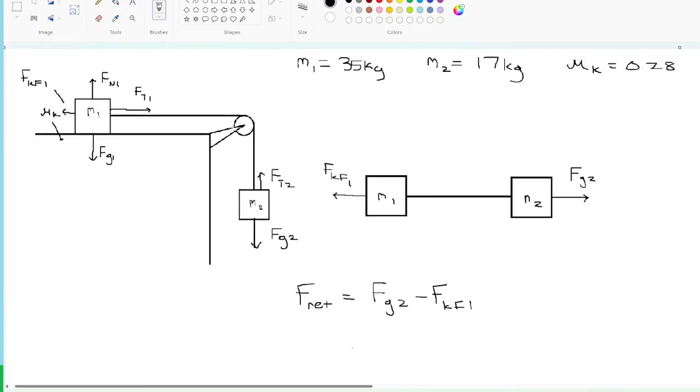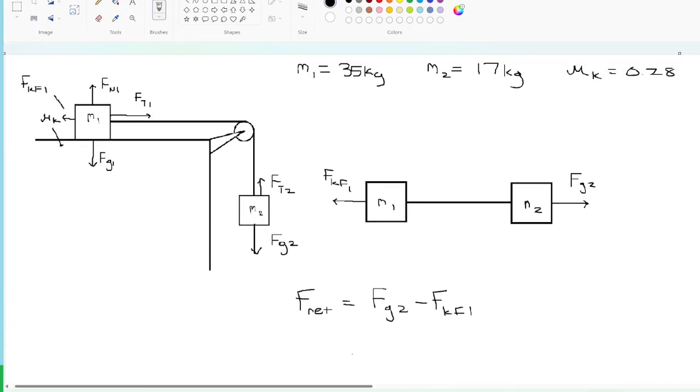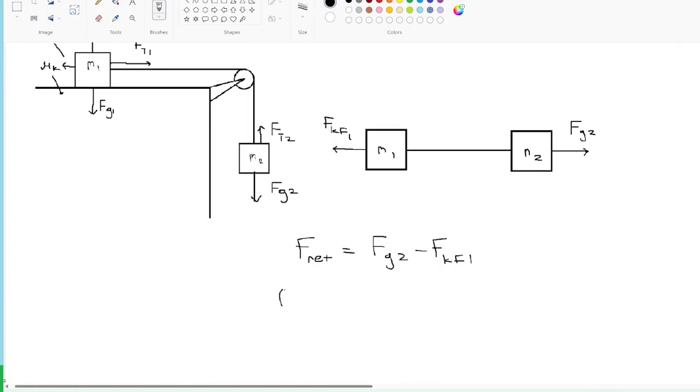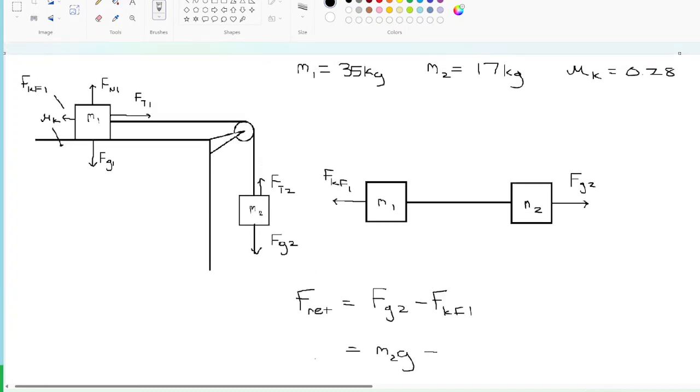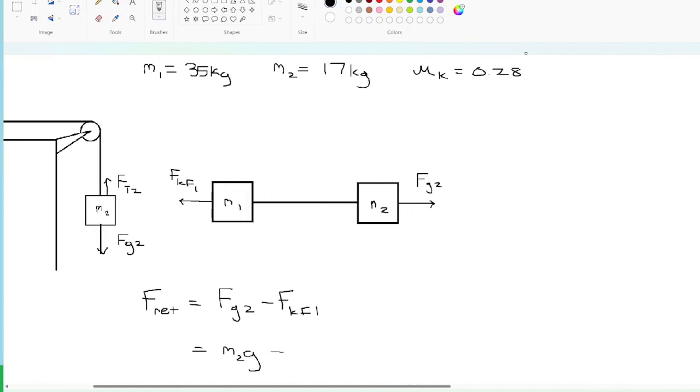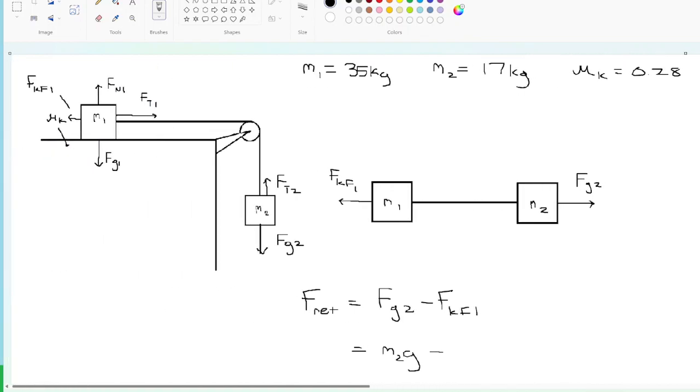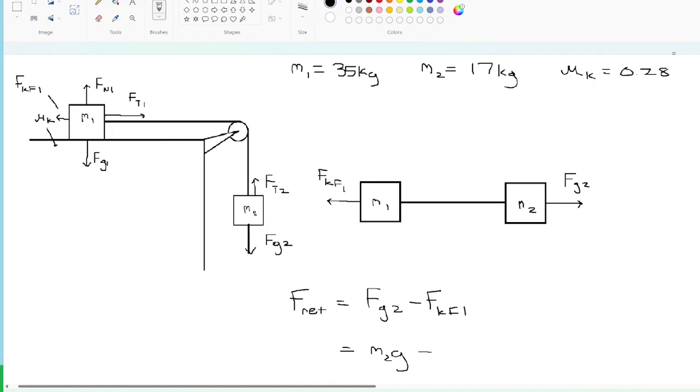So let's find F net. In this case, F net is going to be equal to mass 2 times gravity minus Fk1. Now this is where it gets a little tricky, especially if you have not learned friction yet.